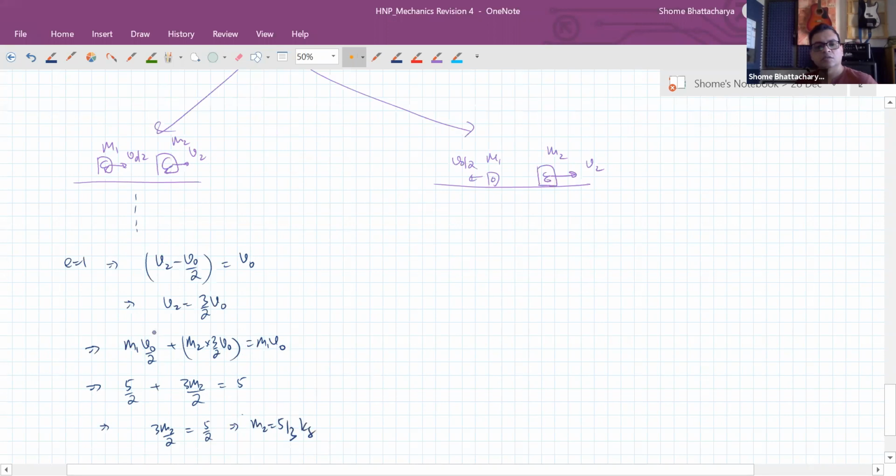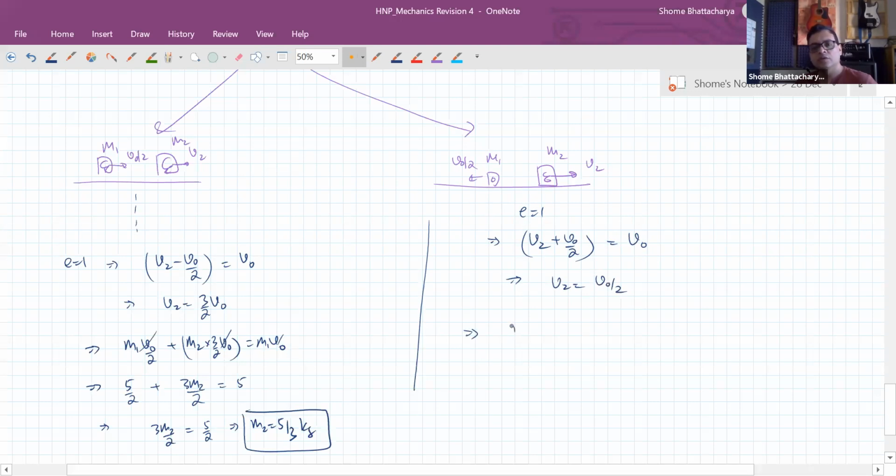So this is the first solution. Whereas here, e is equal to 1 means separation velocity, v2 plus v naught by 2, is equal to approach velocity v naught. In this case, v2 will be 3 by 2 v naught. So your m1 v naught, the initial momentum, will be equal to minus m1 v naught by 2 plus m2 into v naught by 2.